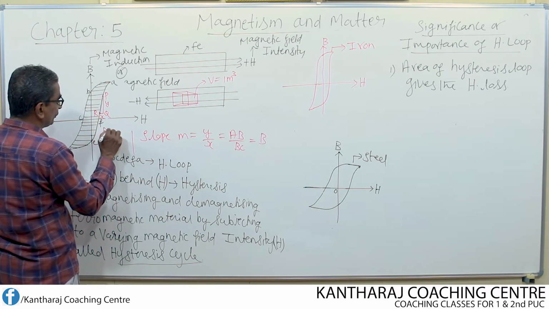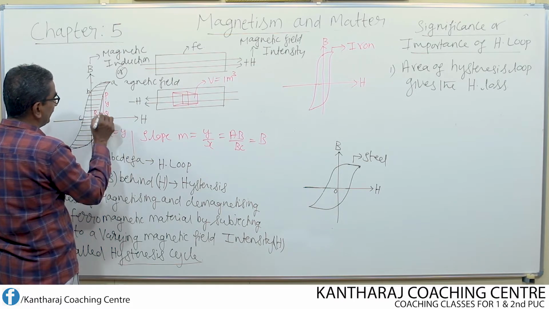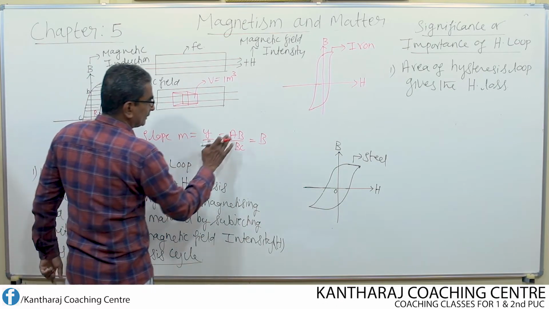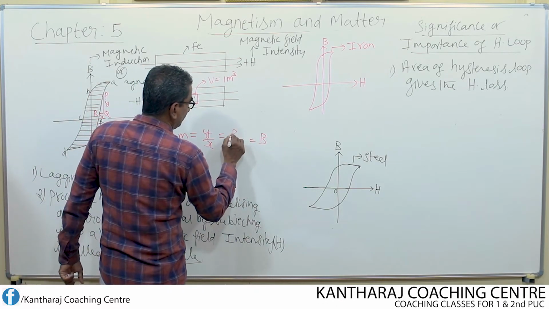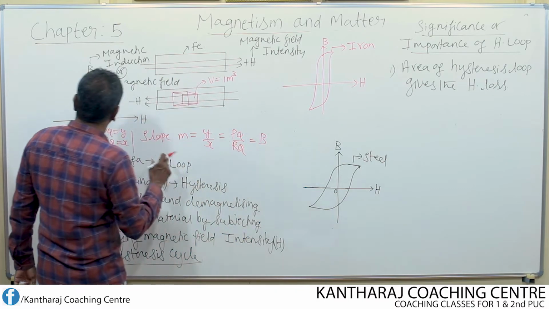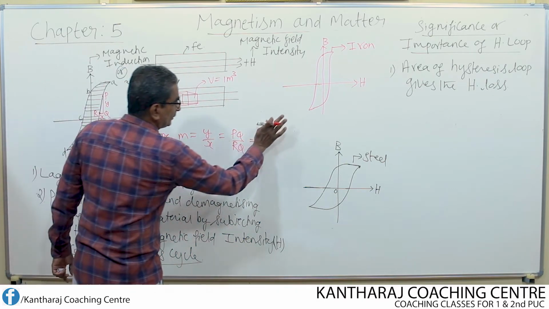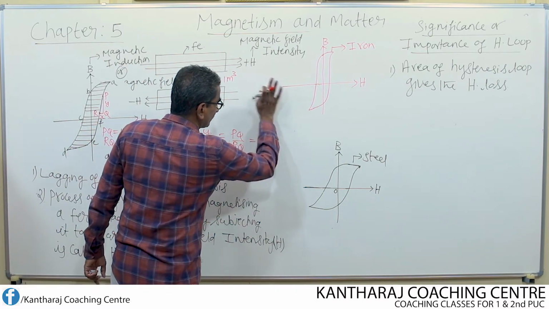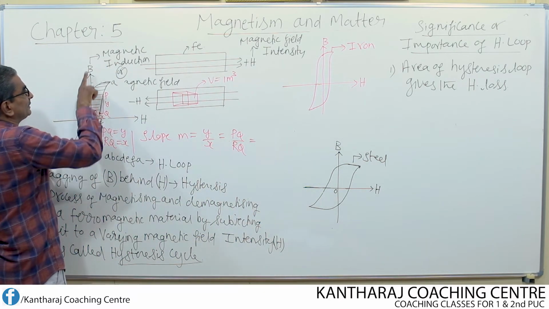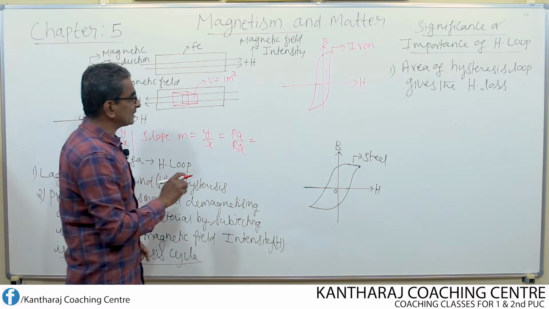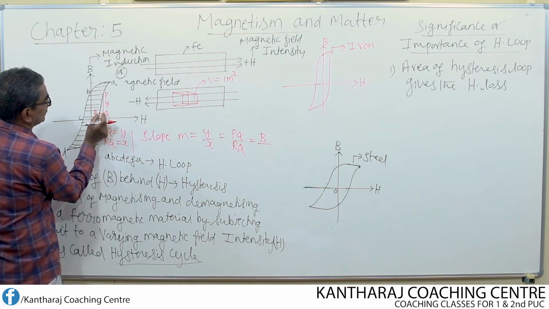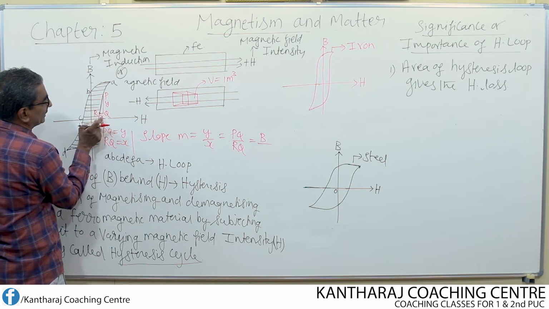So PQ is equal to Y and RQ is equal to X. Slope is PQ divided by RQ. What is the value of PQ? This length always gives the value of magnetic induction B, divided by RQ, the base of the triangle, which is equal to X.